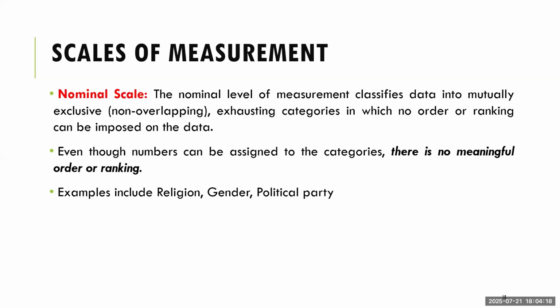For example, gender: you have male and female. We are not saying that females are better than males or males are higher than females in this context, but everybody will be placed in one category or the other.